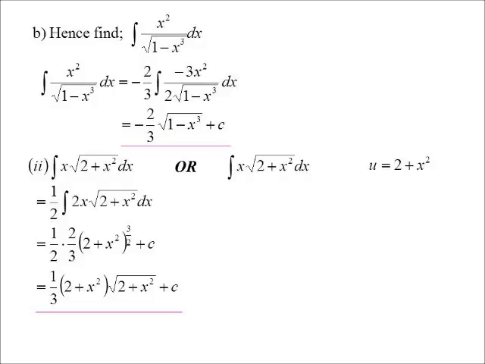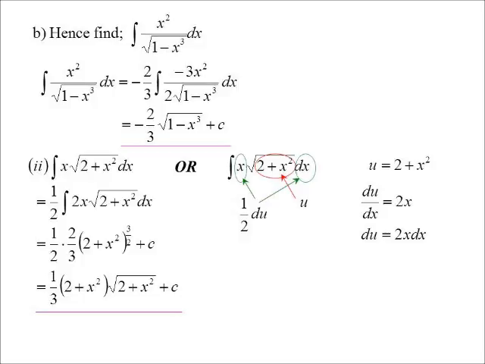But the one thing with integrals is we don't mix our variables. I can't have u's and x's in the same integral. I've got to substitute in for all these x's. So if that is u, then du dx would be 2x, and so du is 2x dx. Now I can substitute in and get rid of all of this, because there's u, and x dx is half of du.